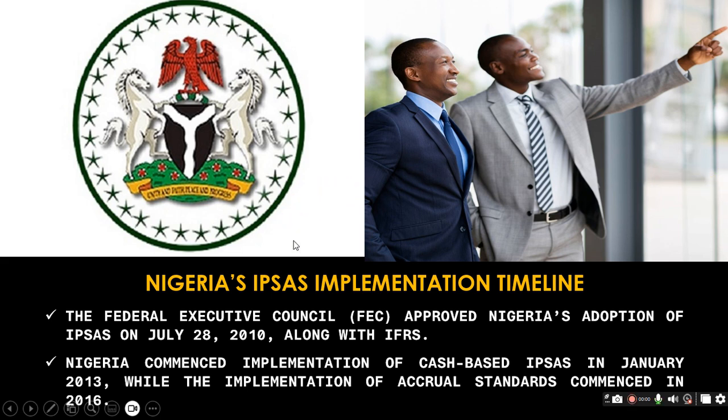So let's look at the timeline for Nigeria's journey in the implementation of IPSAS. We know the federal government approved Nigeria's adoption of IPSAS on July 28, 2010, along with the IFRS. Implementation of IFRS took off in earnest in 2011, and it was completed in 2013, smoothly and swiftly, without any defaults.